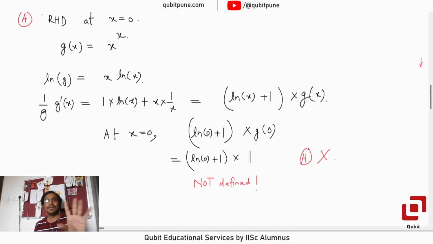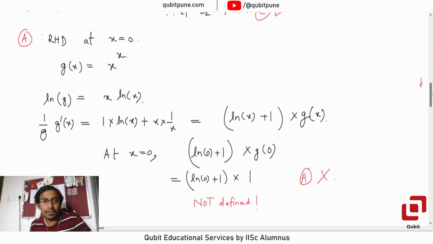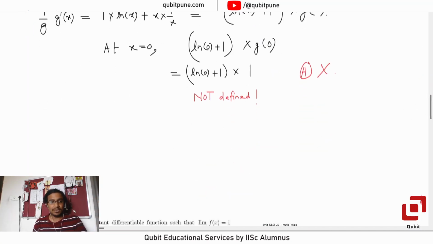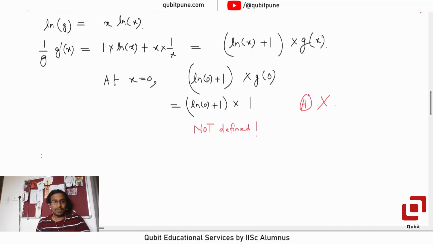Raise your hand if you understand this. Now, some people may argue that we have used the other definition that g of x is equal to x raised to x. How can we conclude that it is not differentiable? Note that it is continuous at that particular point. And suppose you are not convinced, then you can use the first principle and try it for yourself.